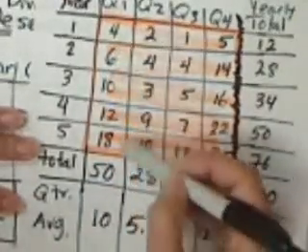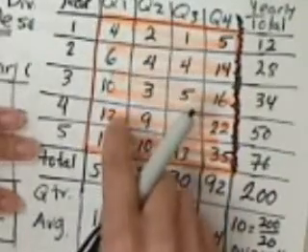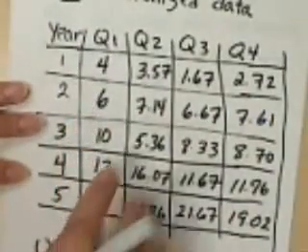So that's very average for the year. So the deseasonalized data for quarter 1 are all going to be the same value. 4, 6, 10, 12, and 18 divided by 1 gives us 4, 6, 10, 12, and 18.